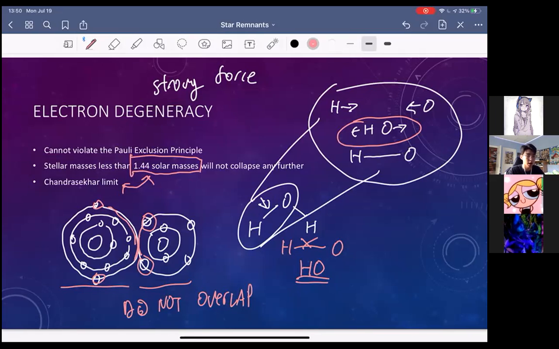Then he realized that if they are even bigger than that, they're going to violate this principle. And so that's what we call this limit. So all white dwarfs are electron degenerate.